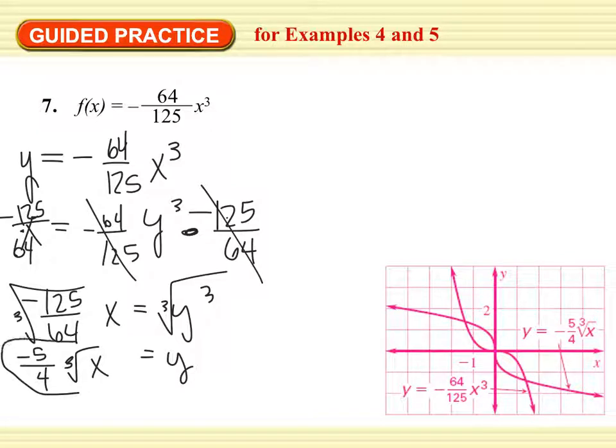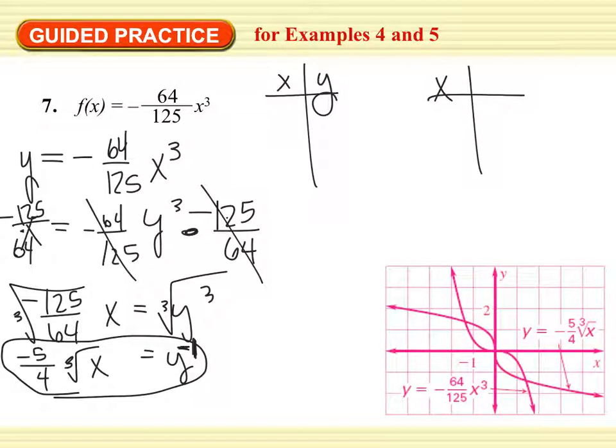So that right there is my inverse function. And to graph them, there's no restrictions, so I set two t-tables. Negative 2, negative 1, 0, 1, 2.